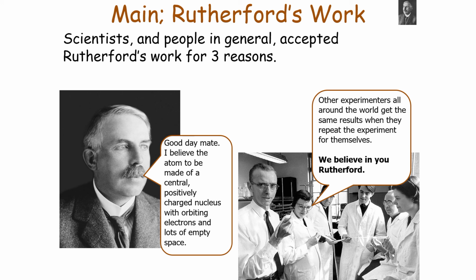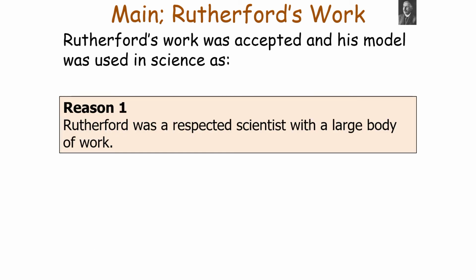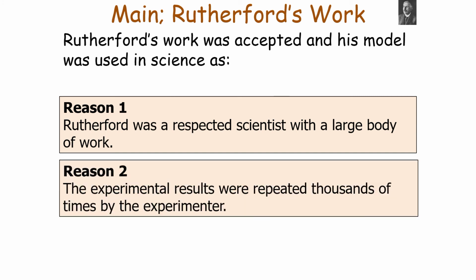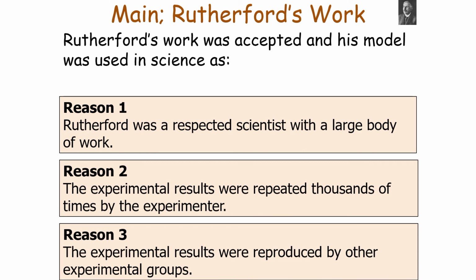And finally, other experimenters around the world, when they heard about Rutherford's experiment, carried out the experiment for themselves and got the same result as Rutherford. So Rutherford's work was accepted in science and his model was used because firstly, he was a respected scientist with a large body of work, the experimental results were repeated thousands of times by the experimenter, and finally the experimental results were reproduced by other experimental groups.